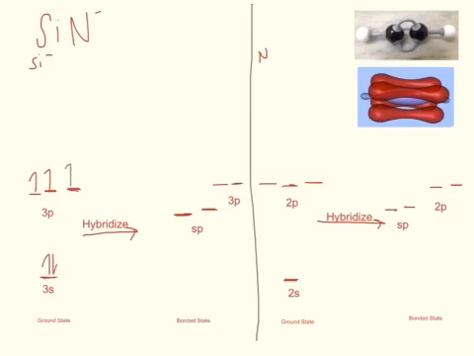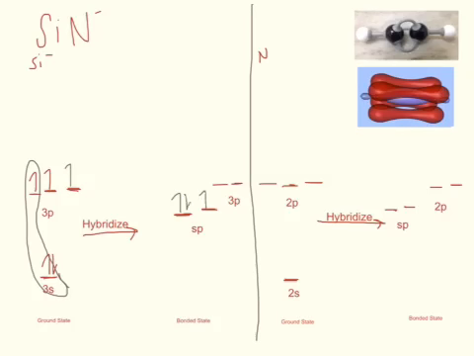From here we can go straight to hybridization because there's nothing we need to excite. Into the sp orbital we're going to move the 3s and the first 3p electron. So we're going to have 1, 2, 3.